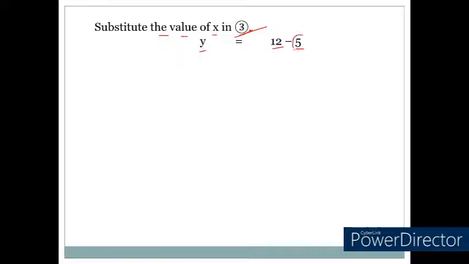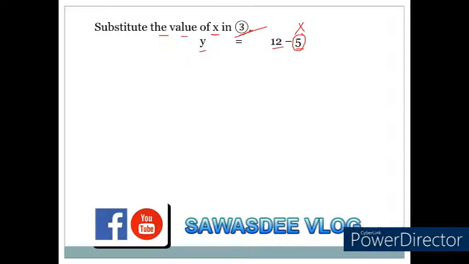The 5 here is already your x. We just substitute the value that we got in the last solution. And then we subtract 12 minus 5. The difference is y is equal to 7. Now we already got the two variables. So x is equal to 5 and y is equal to 7.